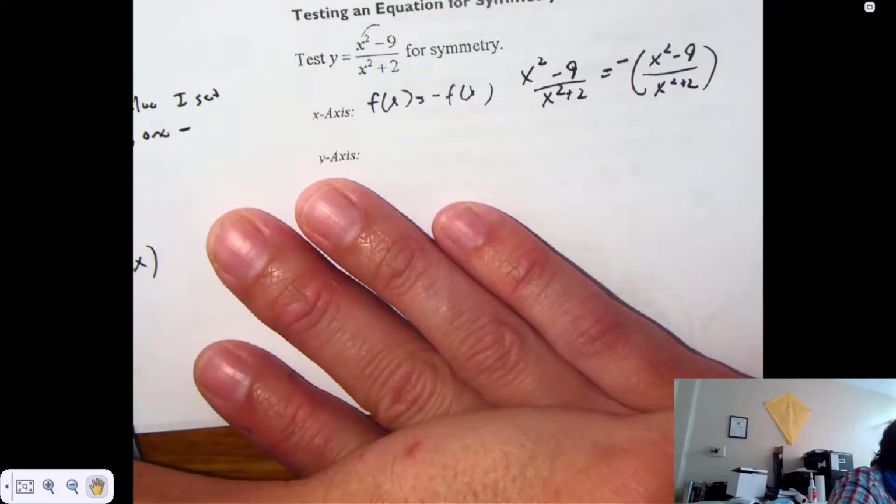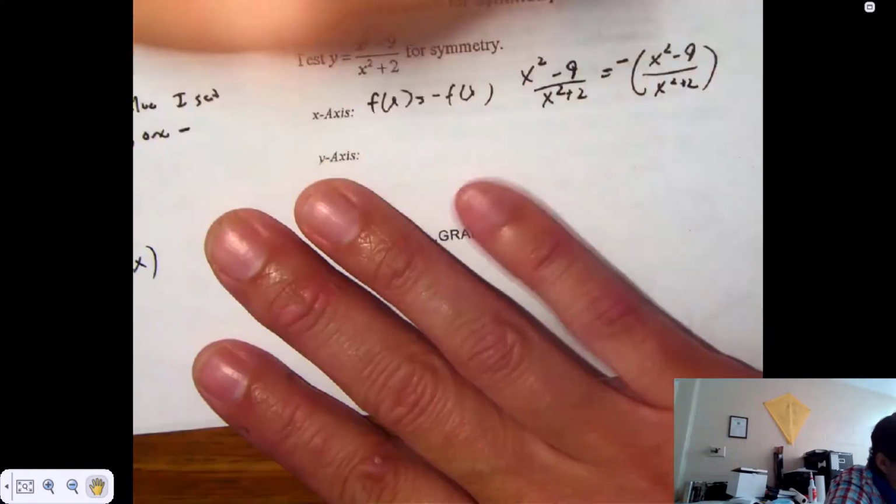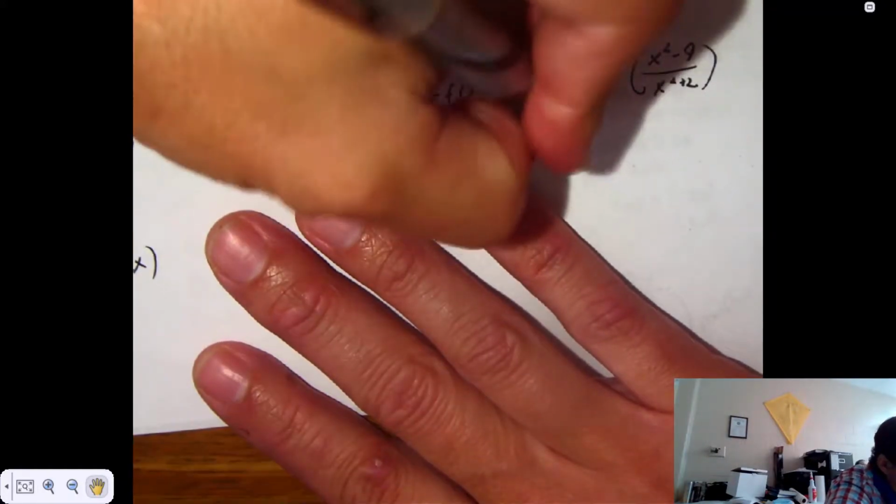Either the top or bottom. You can't give it to both the numerator and denominator. That would change it. You only negate one piece of it.